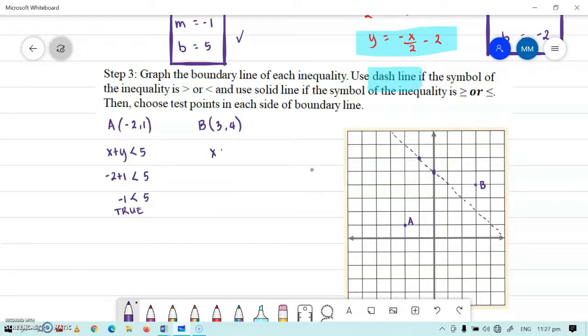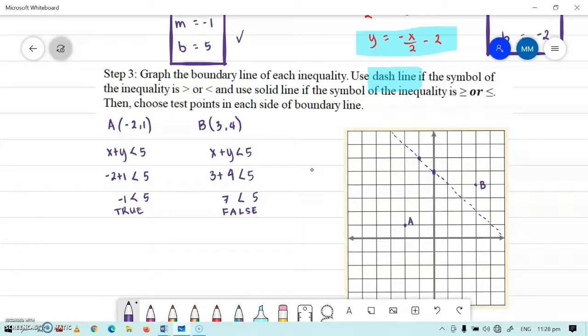We have x plus y is less than 5. Now x here is 3 plus 4 is less than 5. 3 plus 4 is 7, is less than 5. Now is 7 less than 5? No, meaning to say for test point B, our first inequality is not satisfied.